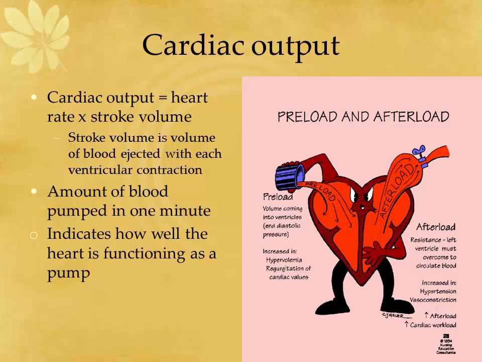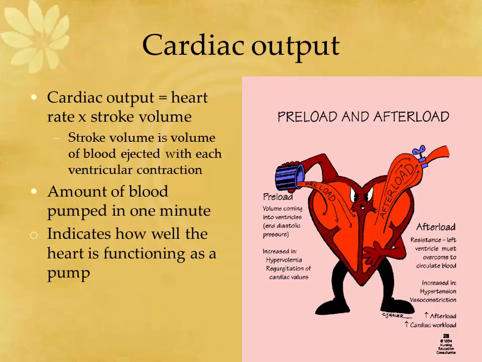So the body's response to that is to increase the heart rate to maintain cardiac output, because we have to have a certain level of cardiac output in order to meet the needs of the brain and the kidneys and all the other organs. So usually heart rate is going to respond to changes in stroke volume.